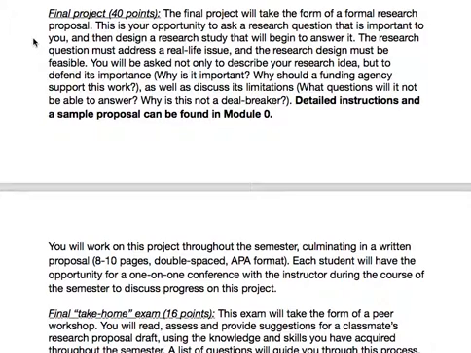So essentially, you're writing a proposal to try and convince a panel of judges, which is actually just me in real life, why you want to do this study and why they should give you money for it. And more detailed information can be found in Module 0, where you'll find a rubric, a detailed description of the assignment, as well as a sample.